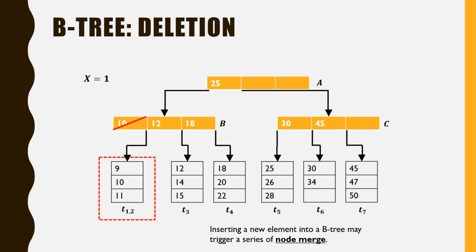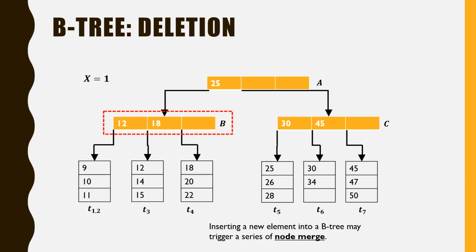Hence, merging these two leaf nodes results in a new leaf node containing either L or L-1 data elements, such as T12. The load of the merged leaf node falls within the valid range defined by the B-tree property.